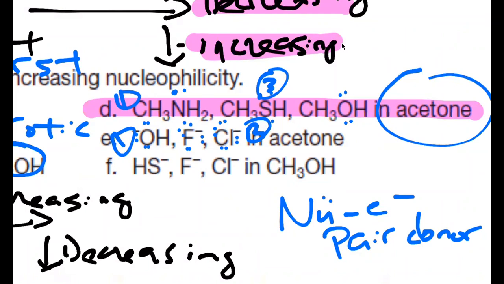Sulfur is first, and then what? Fluorine. Then chlorine. Chlorine and fluorine are different. Yes. Good. So sulfur is going to be 1, and then fluorine is going to be 3.